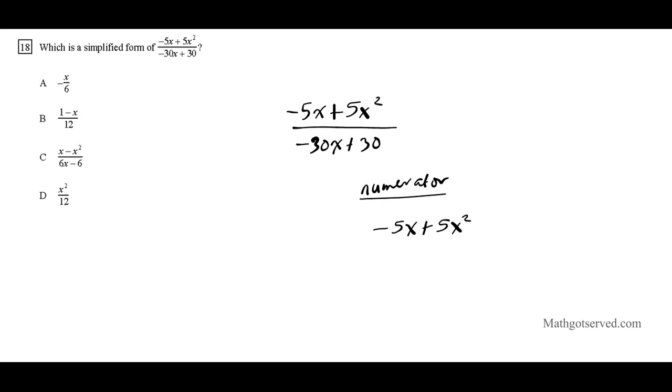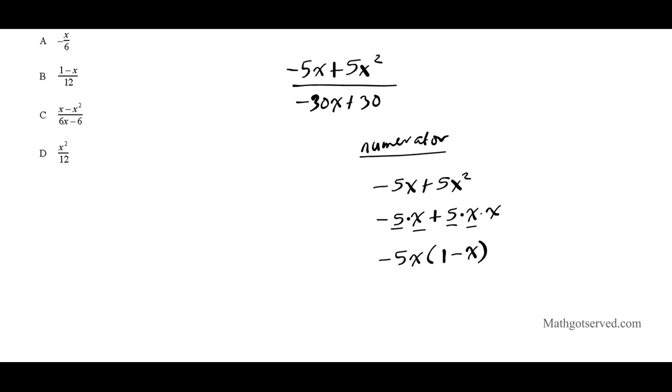That's basically negative 5 times x plus 5 times x times x. So I can take out a 5 and also an x. Let me factor out the minus. If I factor out a minus, it's going to be minus 5x and then 1, and then this sign changes to a negative, minus x. Okay?